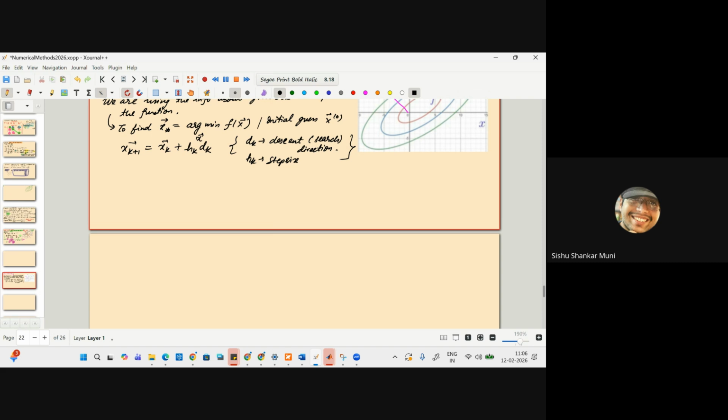But think: if we are trying to minimize the function, what should be our job? What should be the condition? You started from xk, you went to x(k+1), and you are trying to minimize the function. So what condition do you need?